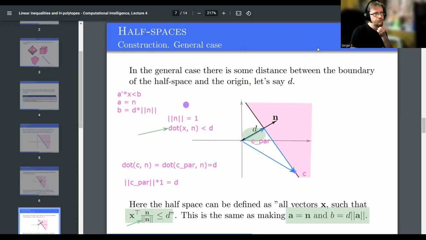The earlier one would work when the norm of n is equal to 1. But you can see it's still quite easy, right? Nothing too crazy here, as long as you know what n is. Questions?